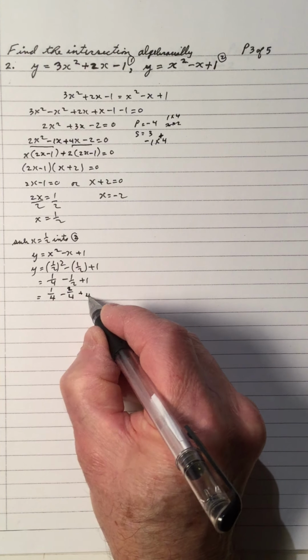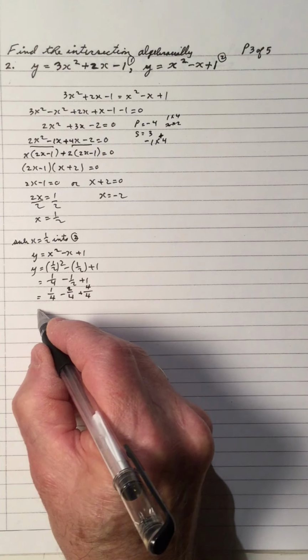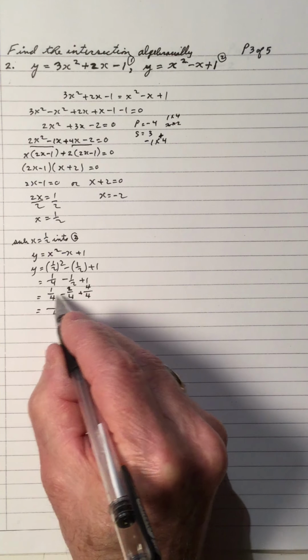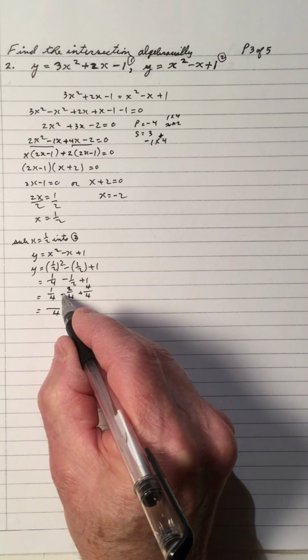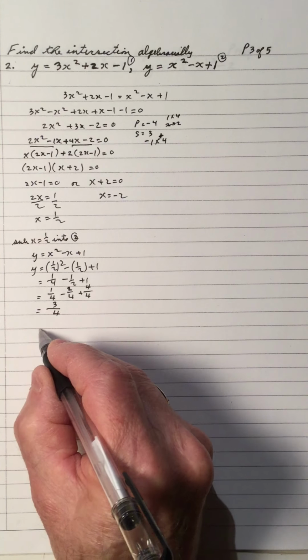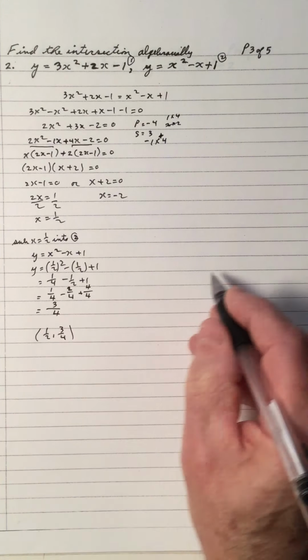And 1 is the same. Common denominator is 4, so 4 over 4 gives me 1. Common denominator is 4, so I'll add, and I'll get 1 subtract 2, negative 1 plus 4 is 3. So that's the point 1/2, 3/4.